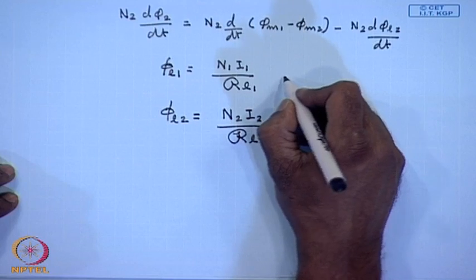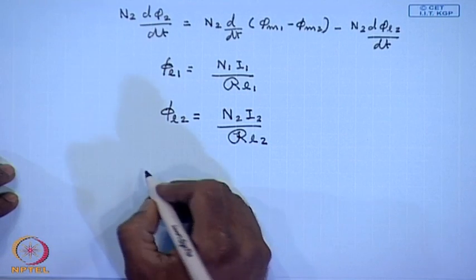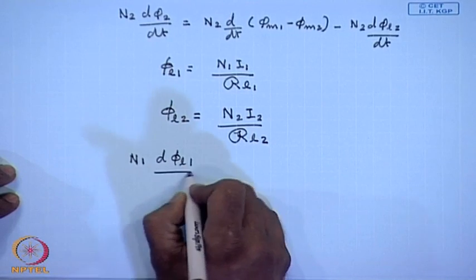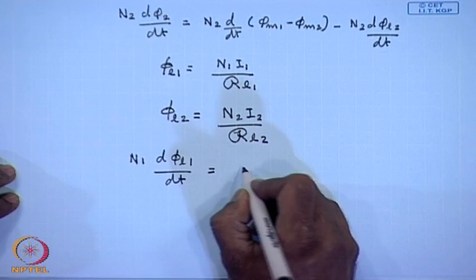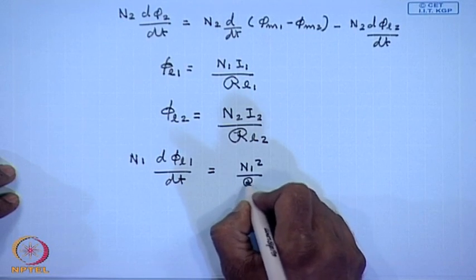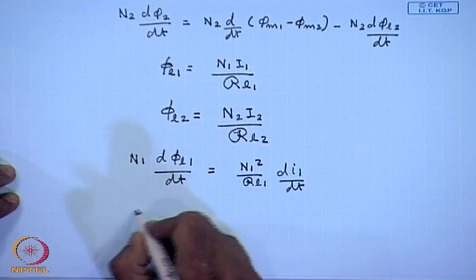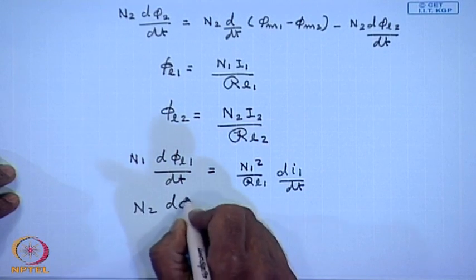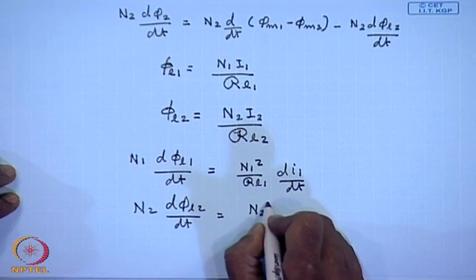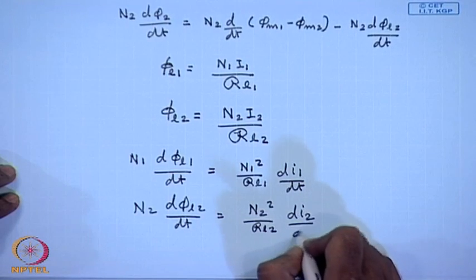Therefore, N1 d phi L1 dt equal to N1 square by RL1 dI1 dt and N2 d phi L2 dt equal to N2 square by RL2 dI2 dt.